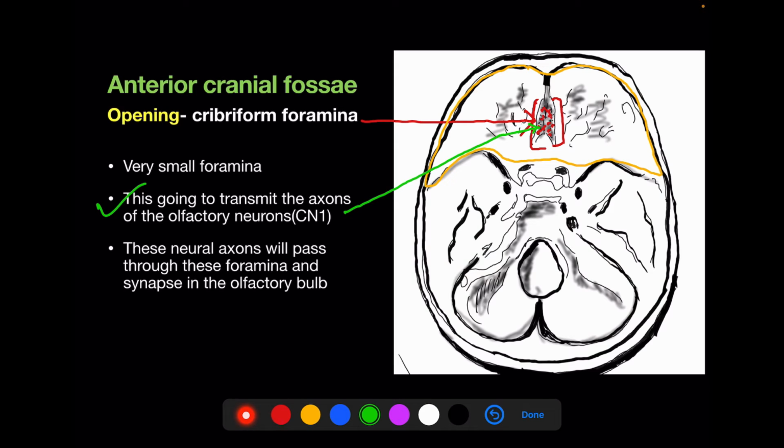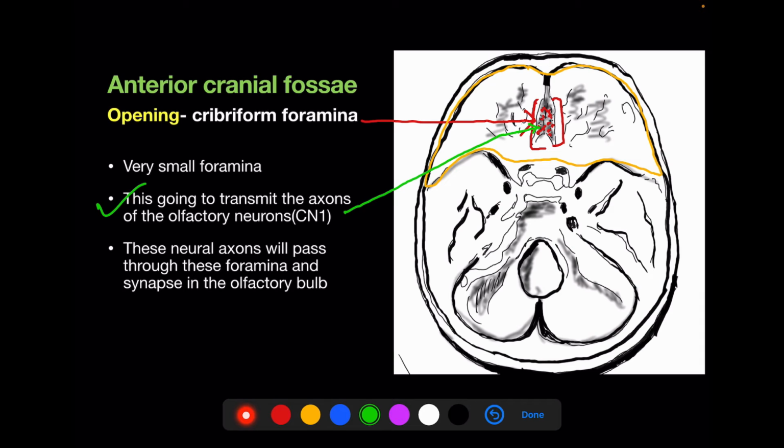Okay, and the third one, that is these neural axons will pass through this foramina and synapse in the olfactory bulb.